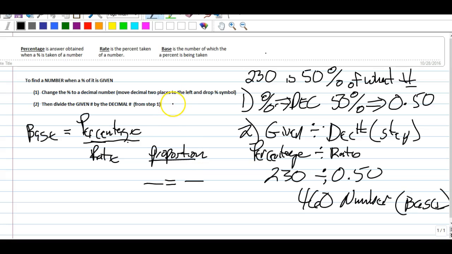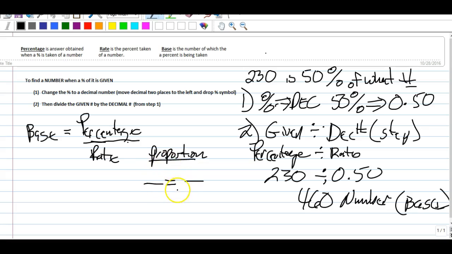The disadvantage is that each set of rules is different as the type of percent problem changes, so you have 3 sets of rules. The advantage of using a proportion is that there are no rules to remember, but the disadvantage is that if you get any of the numbers in the wrong location when you're setting up your proportion, then your answer is not even going to be remotely correct.